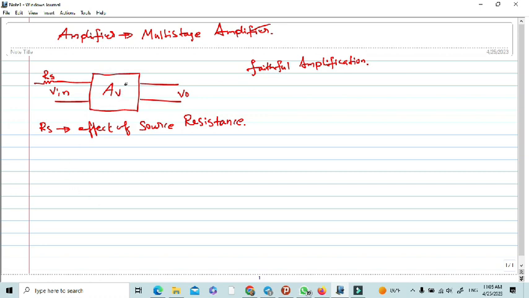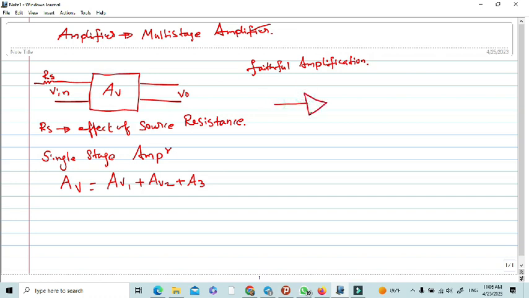So see that this is called a single stage amplifier. From the single stage amplifier we are going to take the voltage gain of the particular transistor. So if it is a multi-stage amplifier we need to take multiple voltage gains, AV1 with AV2 with AV3. That means the circuit becomes like this.